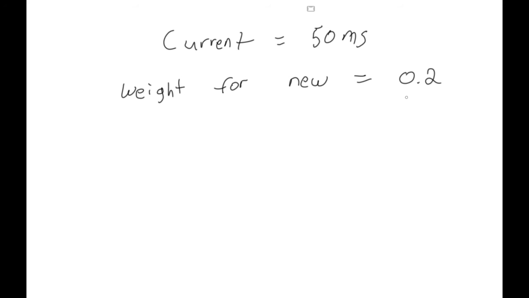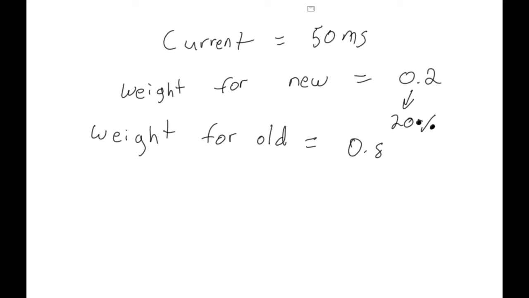So you can think of this too as being 20%. So if I would need 20% to factor in the new acknowledgement, what percent do I need to factor in the old acknowledgement? Well, you only have 100% to work with, so 100 minus 20 is 80%. So the weight for the old acknowledgement would be 80% or 0.8.